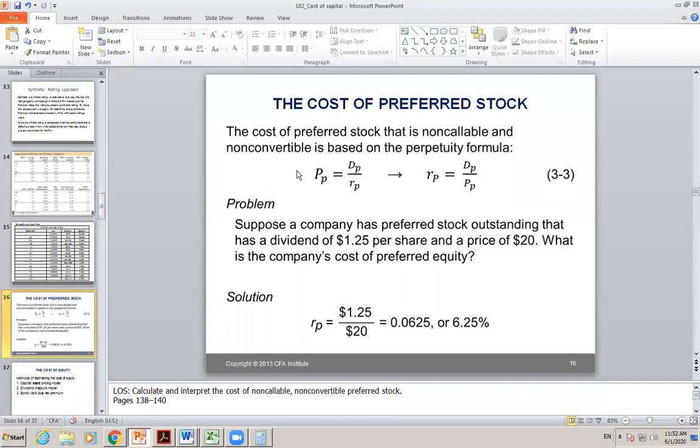Why is it a perpetuity? Because it doesn't have a limited life; it's forever. Price is equal to dividend divided by rate. And if you rearrange the formula, rate equals dividend divided by price. That will give you the rate, the cost of preferred stock.